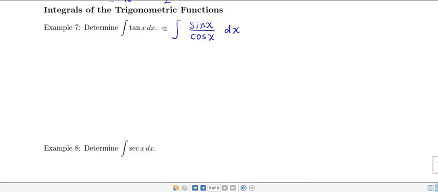And we will apply the technique that we are very used to, which is u-sub. And the location for u is usually inside the parenthesis, under the square root, or in the denominator. So in this case, our u is cosine of x.